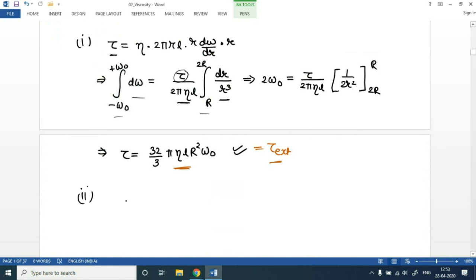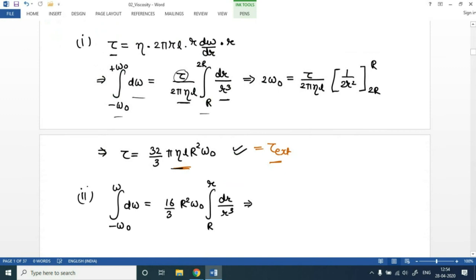So this differential equation will turn out to be d omega, and when we substitute the value of tau, which we got from here, that will turn out to be 16 by 3 r square omega naught into dr by r cube. And we need to integrate it with appropriate limits: at capital R we have velocity as minus omega naught, and at small r we are willing to find this omega.